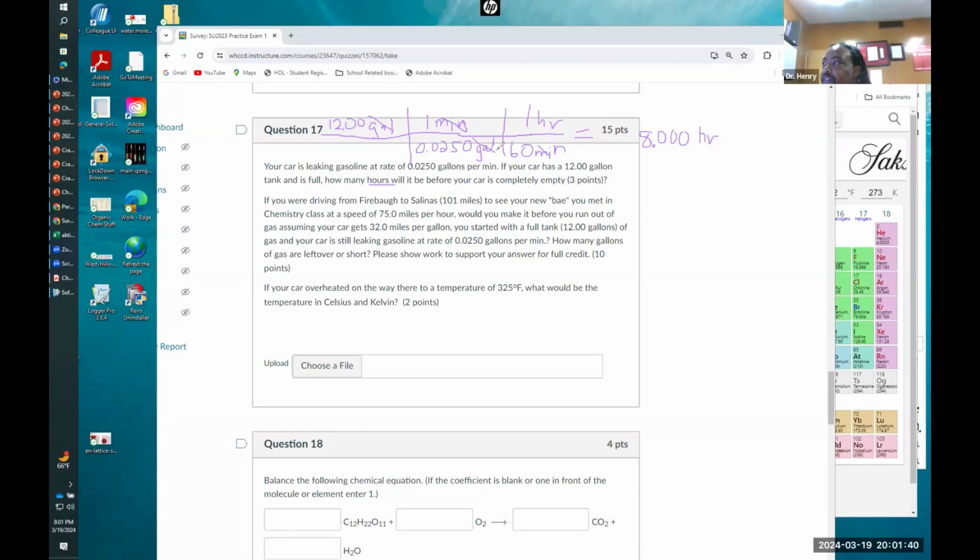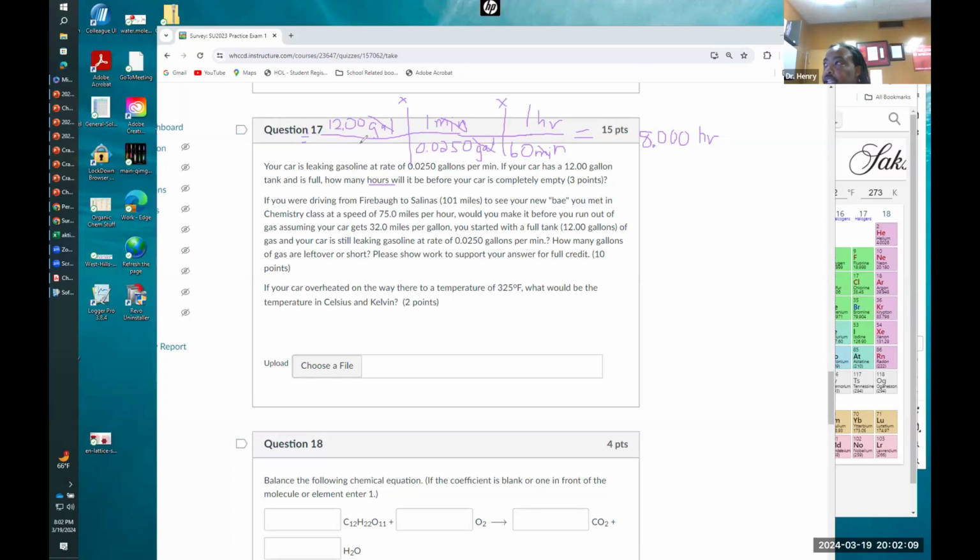And then we can divide that by 60. So what you would do is this line here represents multiplication. This line here represents multiplication. This line here represents division, right? So anything that's on the bottom, you can multiply them by each other, right? And then you're going to take that 12.00 and divide it by that number that you got.